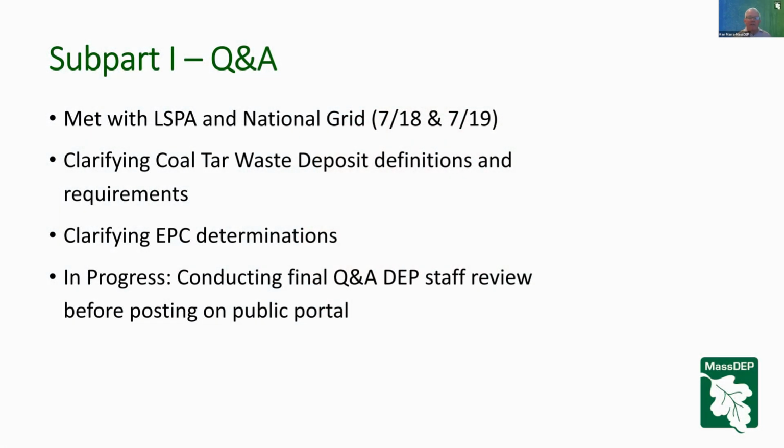Basically, without repeating the entire long definition, which is in the Q&A, the intent is that the DEP's focus is not the fringe impacts that can otherwise be characterized with soil sampling, but the main concern is significant waste deposits. So if there are small flecks of coal tar interspersed within the soil, perhaps it could be characterized and analyzed as soil.